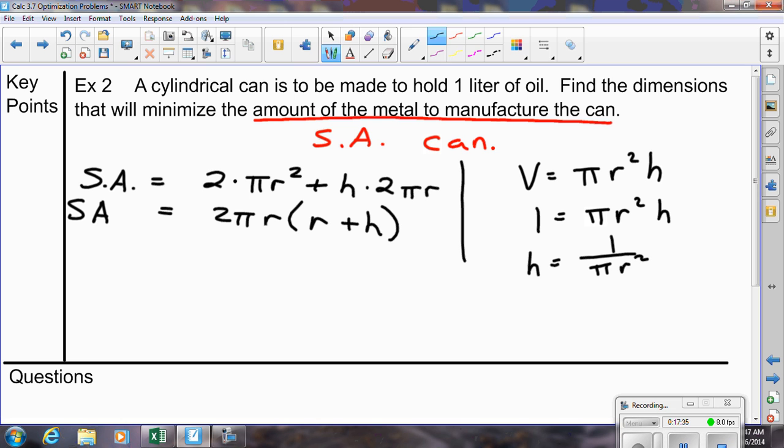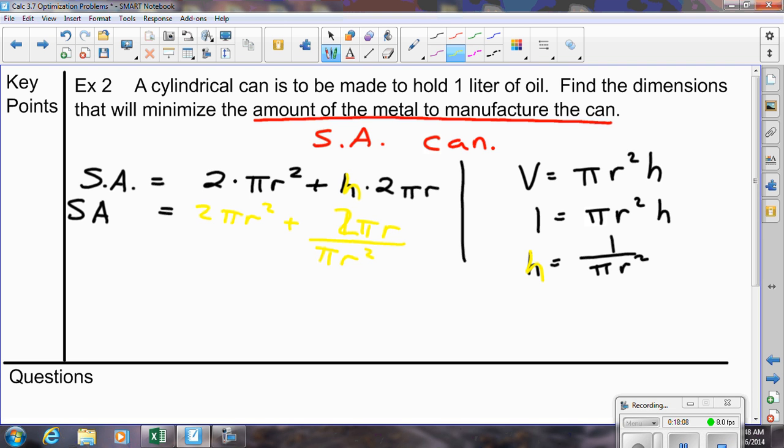Now we can substitute that into our formula and get 2 pi r squared plus 1 over pi r squared times 2 pi r. And this is our surface area of a cylindrical can that is guaranteed to have volume of 1.